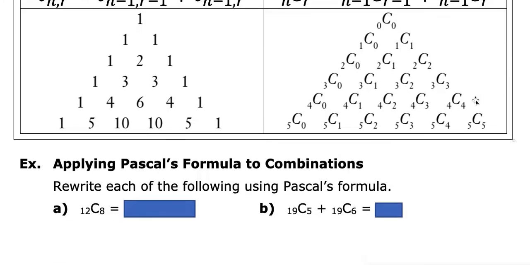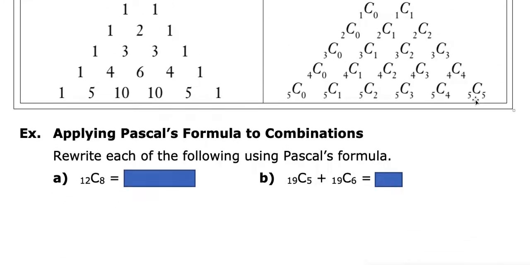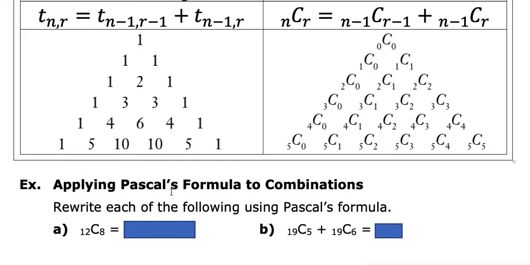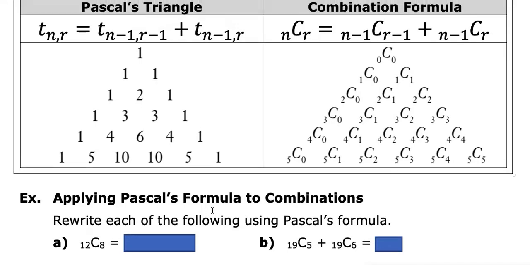So, applying this to Pascal's formula to combinations, 12 choose 8 is the same as the row before, one term before, as this mentions. So that will be 11 choose 7 plus the row before and same term, so that will be 11 choose 8.